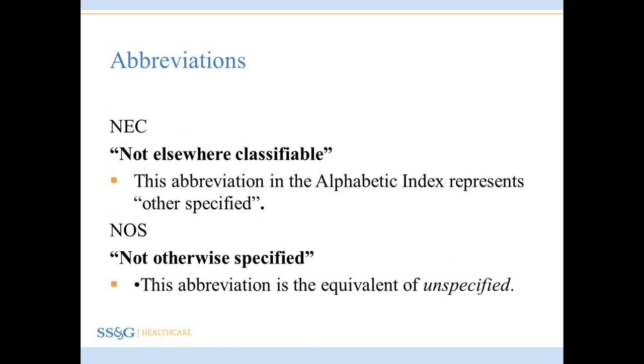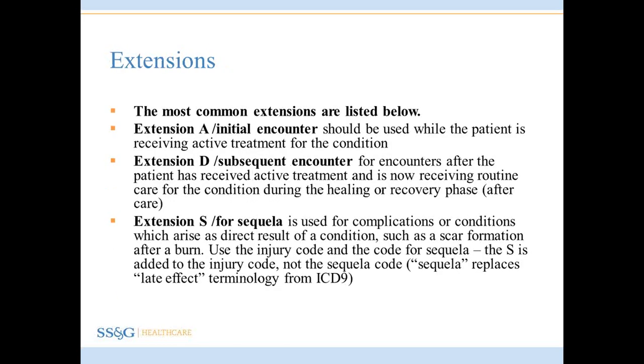So what you're going to see, before we move on real quick to the abbreviations, is in the musculoskeletal section, you're going to look up, say, fracture of the wrist. And then you're going to move into fracture of the upper end of the ulna.